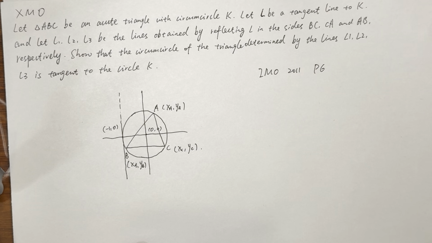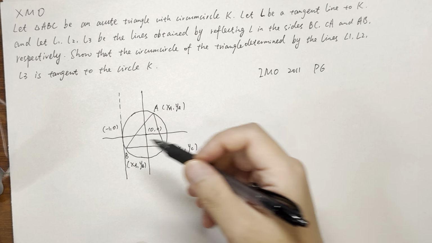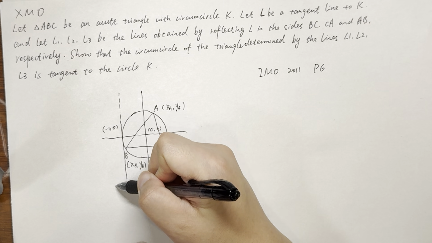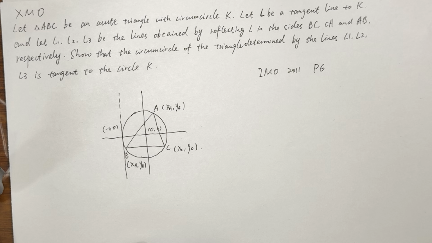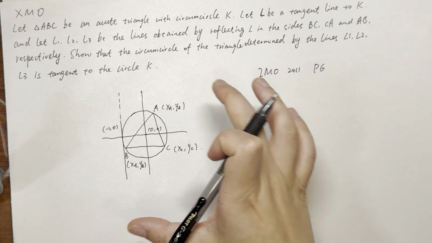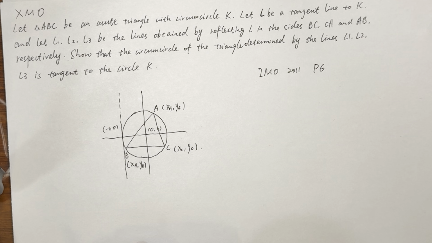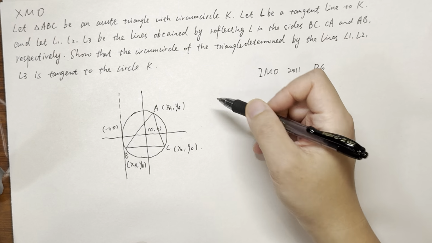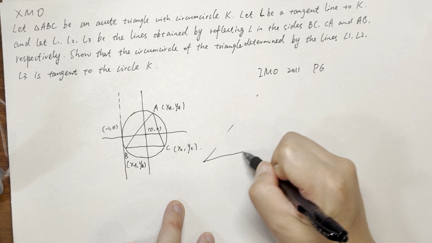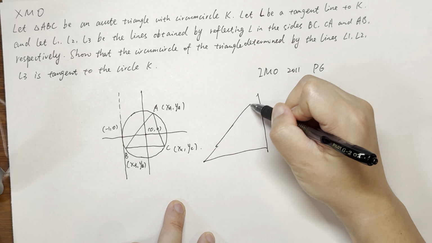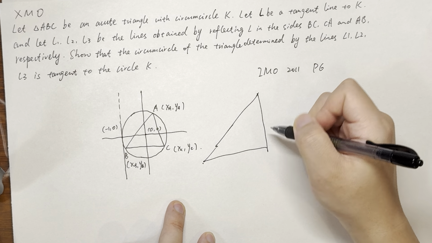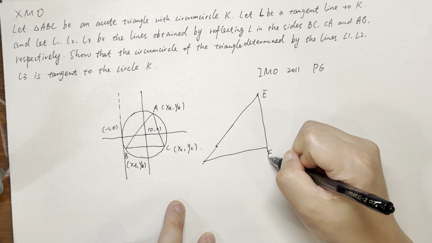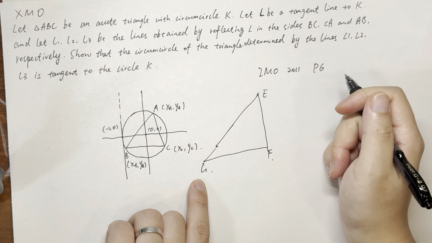So we calculate the line equations and find the intersection points. Assume that we already found the intersection points. Basically, we have the coordinates of the triangle EFG.